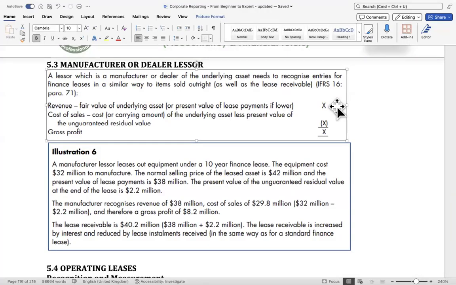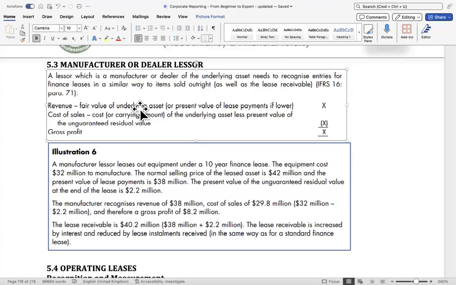That is your revenue because, as far as we are concerned, in line with IFRS 15 that I have taught you, that is the consideration. What you recognize as revenue is the consideration received from the transfer of goods or services.